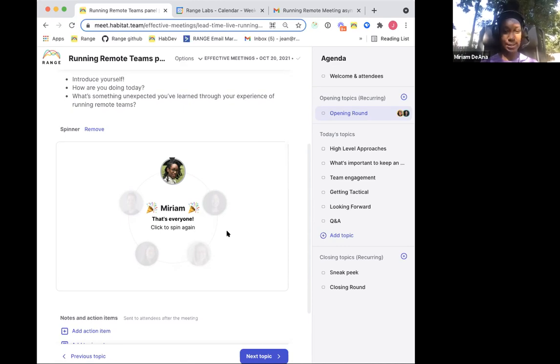Something unexpected that I learned, similar to what someone else said: in the first 6 to 9 months, it was surprising how well everyone was doing and how much work was getting accomplished. But I found that a lot of introverts, including myself, suffered in a way that was unexpected.